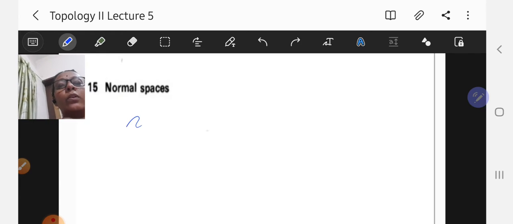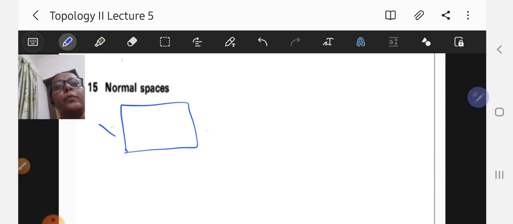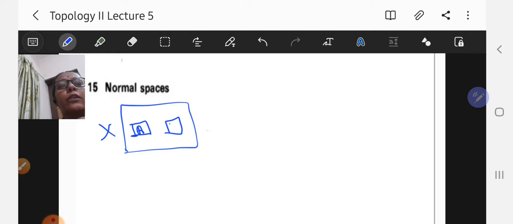Now we know normal space. Normal space, that is, in a topological space X, there are two closed sets A and B. That is, A and B are disjoint closed sets.